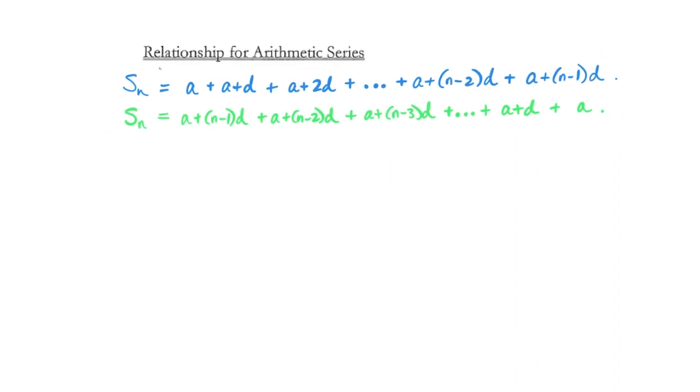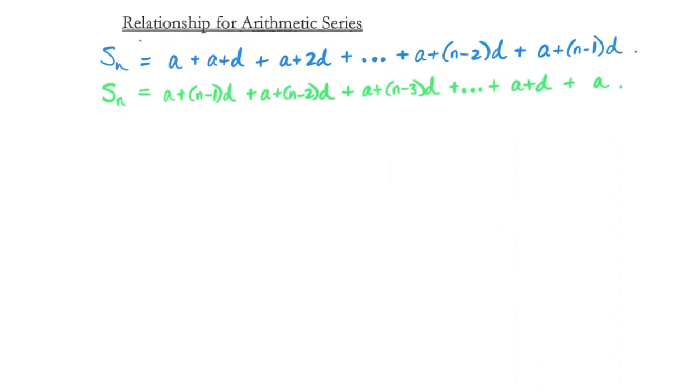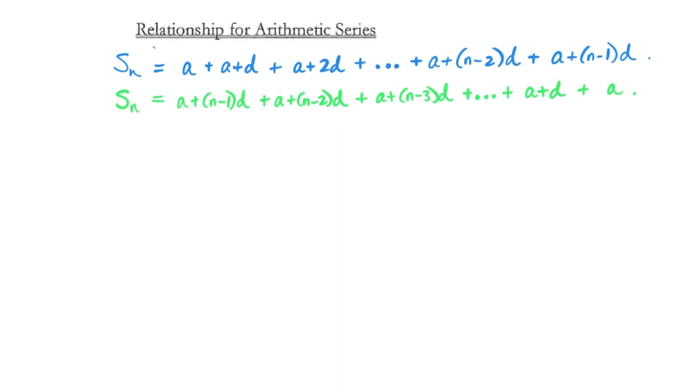Well, now we took that series and we decided to treat that like a system of equations. So we have equation 1 and we have equation 2, and we are now going to add those two equations together. Okay, here's where it's going to get ugly. We should know that on the left side of my equal sign, I'm going to get 2 times the sum of n terms. Now, don't write this down.